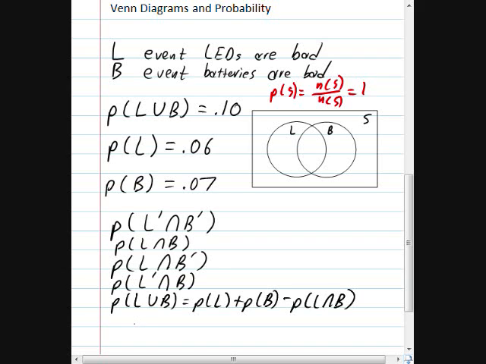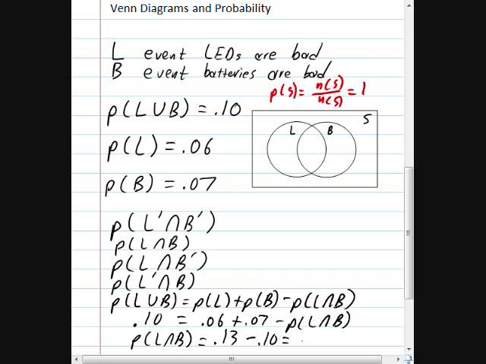Writing down the information we have, we know that this is 0.10 equals 0.06 plus 0.07 minus the probability of L and B. And if we solve, we see that the probability of L and B equals 0.13 minus 0.10, which is equal to 0.03. So we know the intersection is 0.03. In fact, that answers one of our questions. The probability that a flashlight will have both defects is 0.03, or a 3% chance.